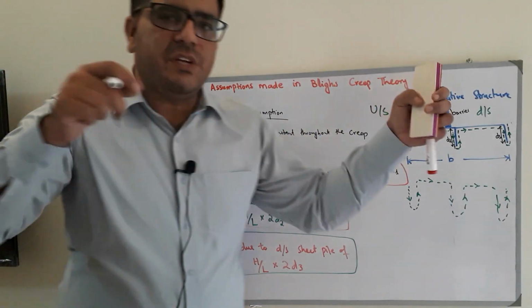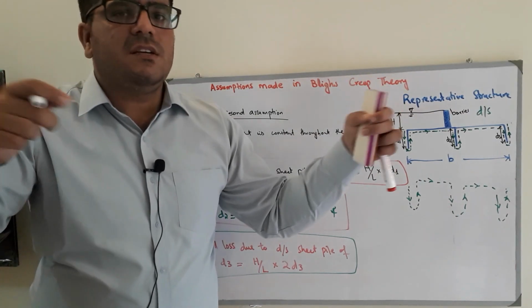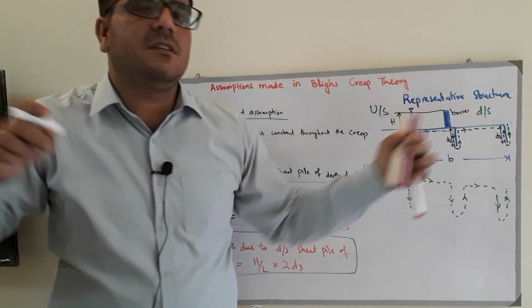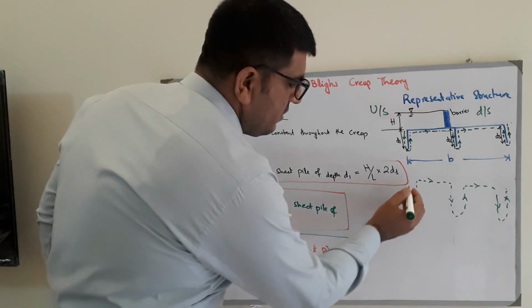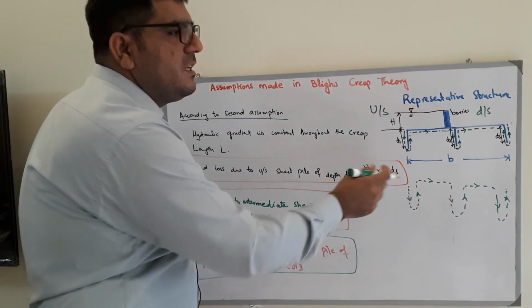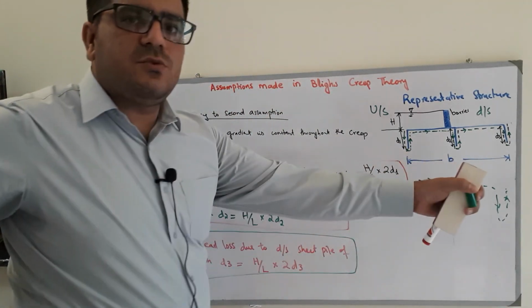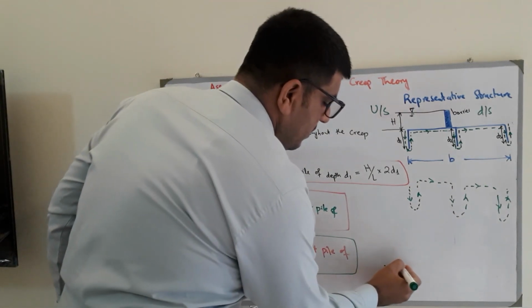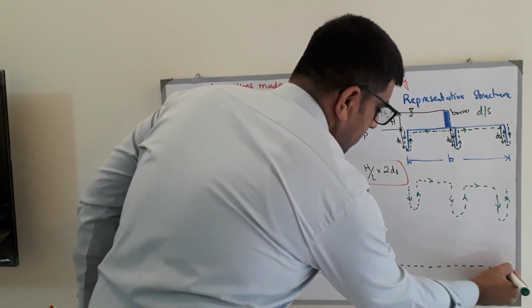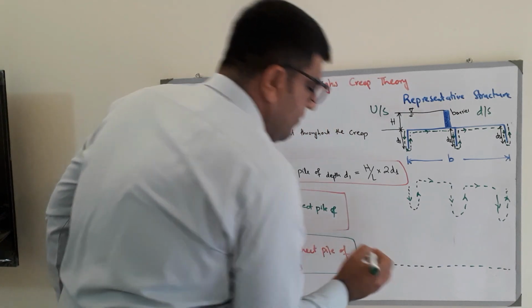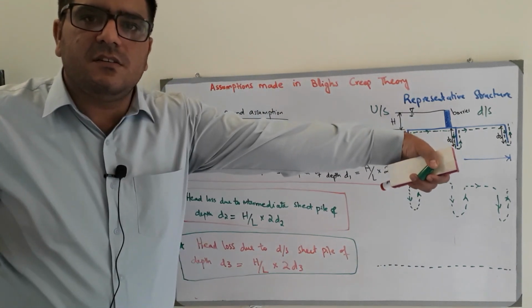So let's say it's a string. It's a string, and if you stretch it, what will happen? It will become straight. So let's say I hold this side and this side and try to stretch this string. So what will happen? It will become a straight line.